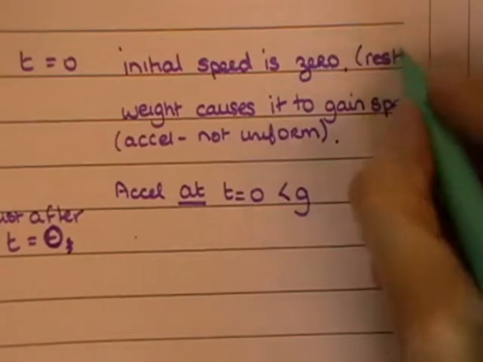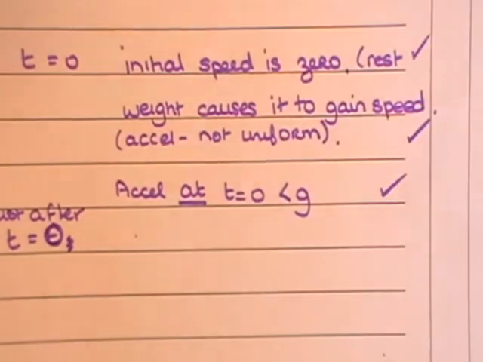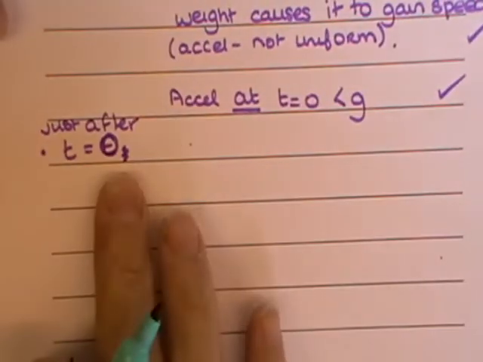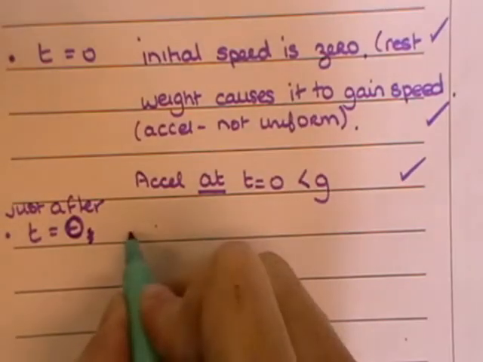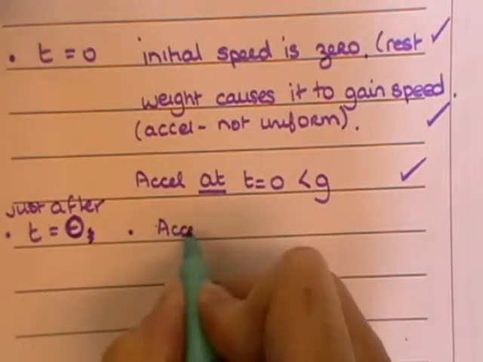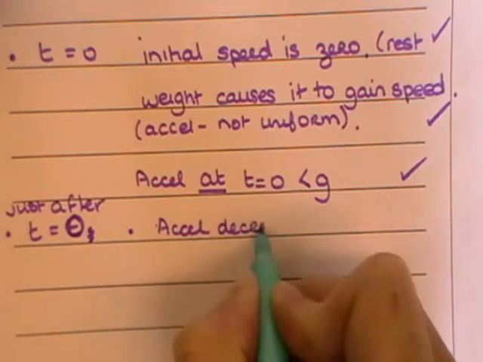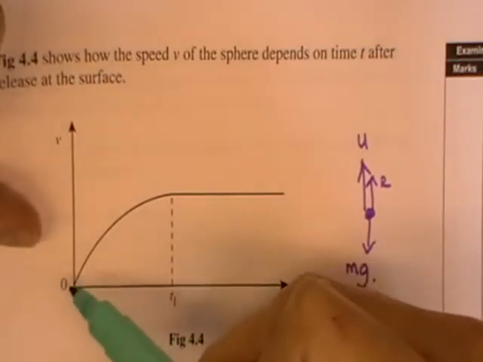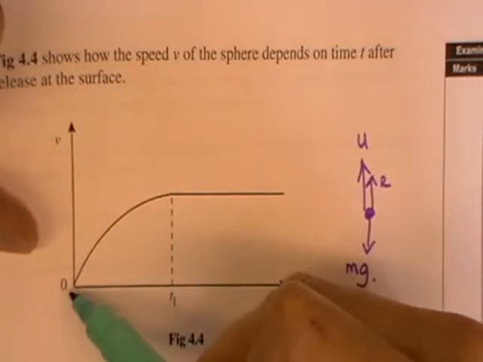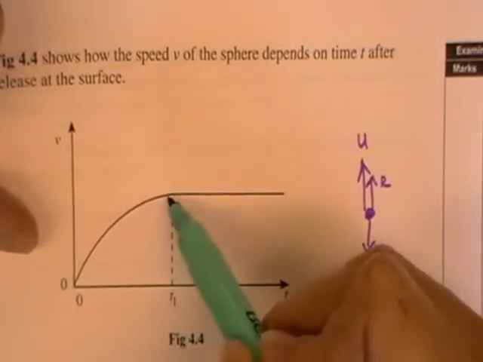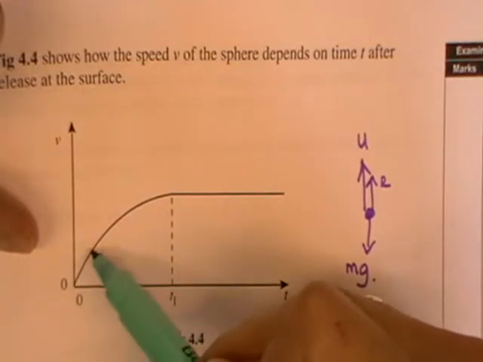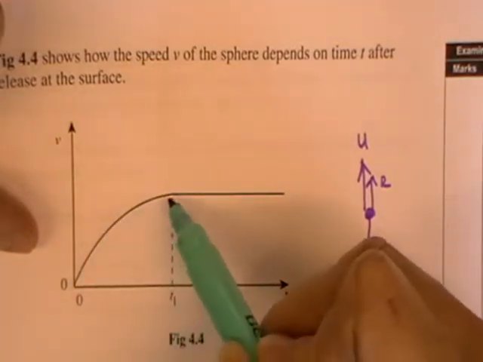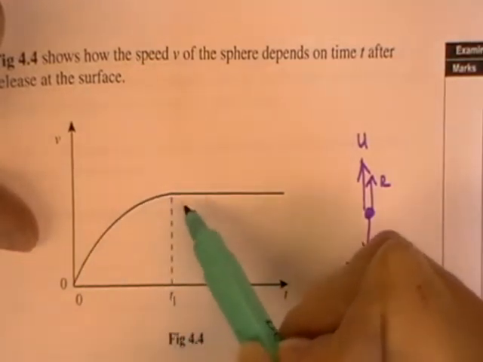So there's 3 marks, 1, 2, 3. Then just after t equals 0, the acceleration starts to decrease. And we know that from the graph because the acceleration is non-uniform. And this means that it's actually a retardation. In other words, even though it's moving faster, it's not getting faster at the same rate.